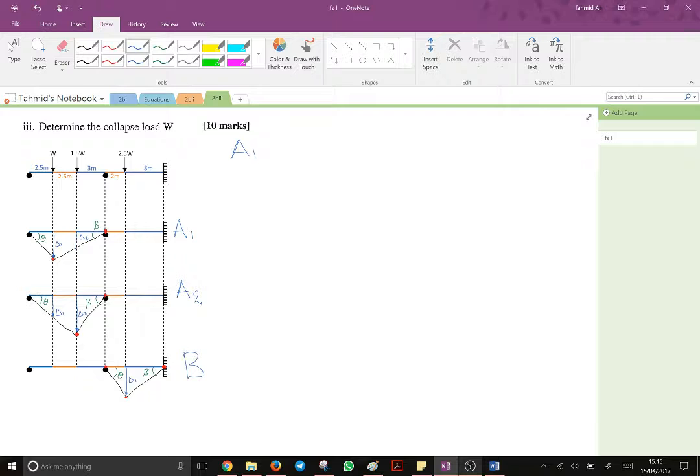So here, we have A1, so we have delta 1. Delta 1 is simply going to be equal to, so the first segment, as you can see here, 2.5 theta. Now that should be 2.5 tan theta. However, we're assuming that theta is very small, so tan theta would be the same as simply theta.